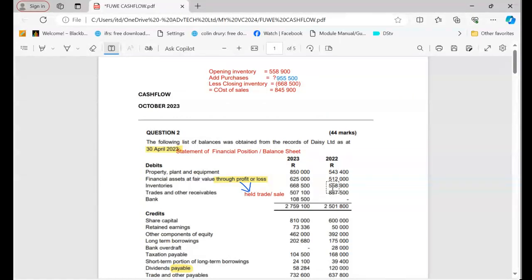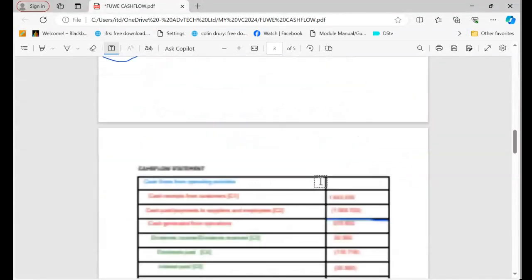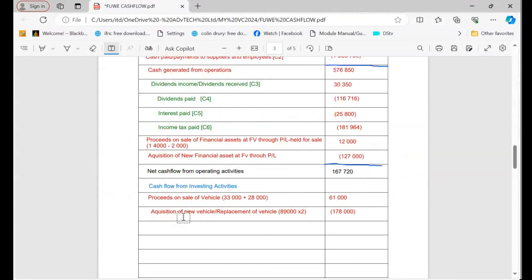This means that we bought additional property, plant, and equipment. So if we didn't have that information, we're supposed to take the difference, and that difference was supposed to be only this: acquisition of property, plant, and equipment. And we put that difference here in brackets. But we can't do that now because they gave us more information. But if they didn't give us more information, don't ignore it. Go and compare and check whether you bought more or you sold. Because if it went down, it means it has been sold.